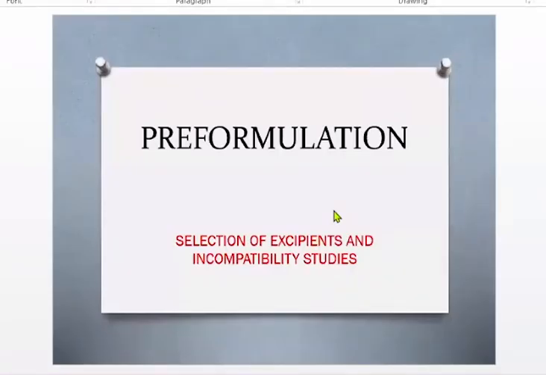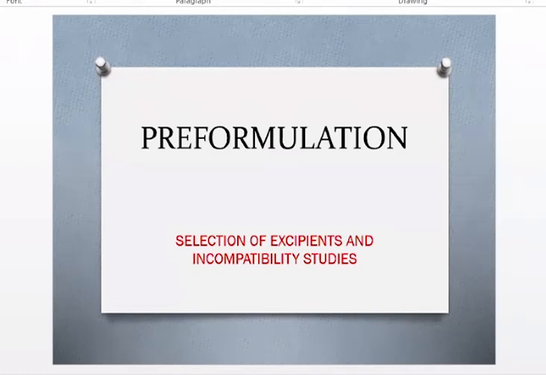So other materials which are added for purposes of improving functionality of the product, as well as improving on the delivery of the active ingredient, are what we refer to as excipients.